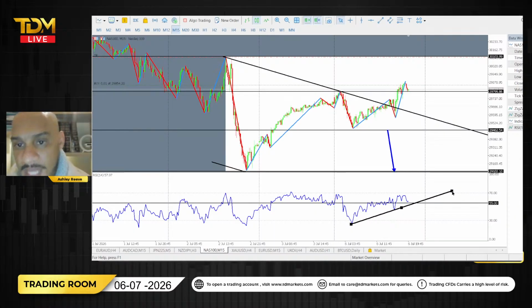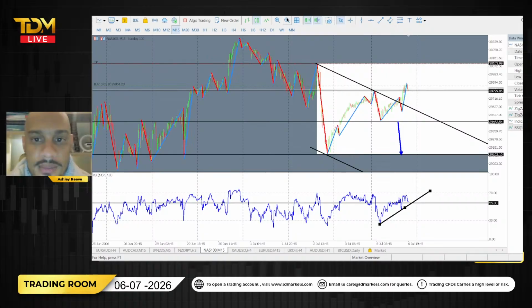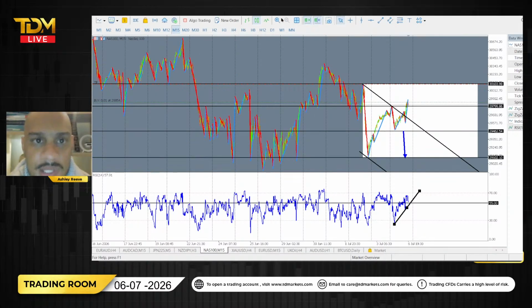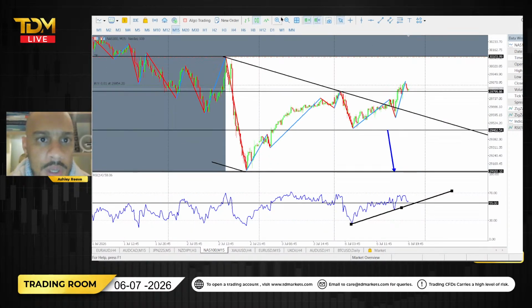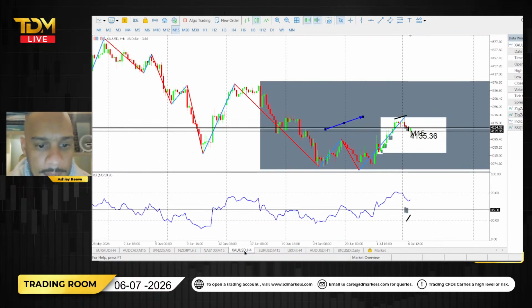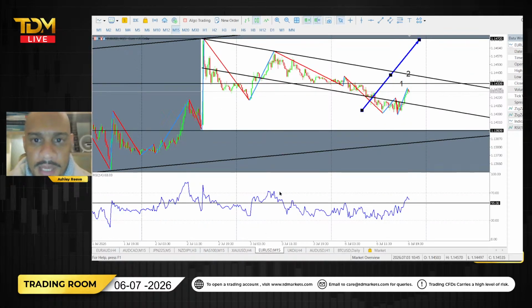Now, what happens with divergence is that the indicator window would push up, but the price or the main chart will push down. And for the guys that don't know about divergence, I will go into that with some more info.